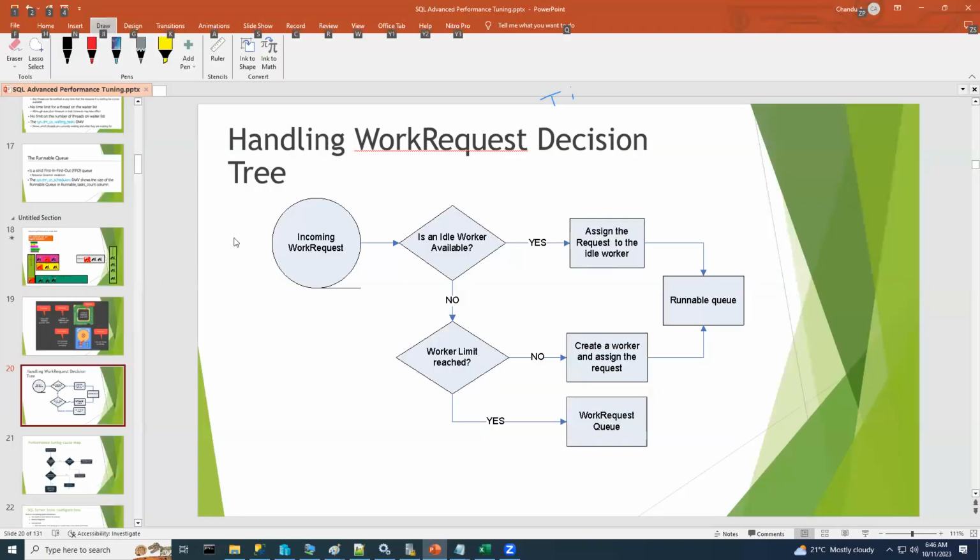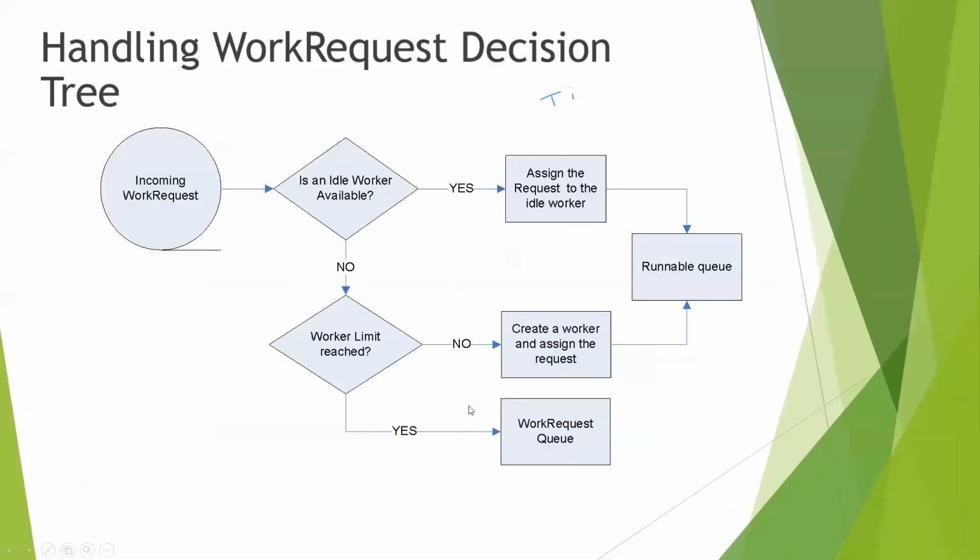Now tell me one thing. Let's say, for example, I have a blocking. I need you to answer. If I have a blocking, would that cause high CPU? Yes, why? No, why?